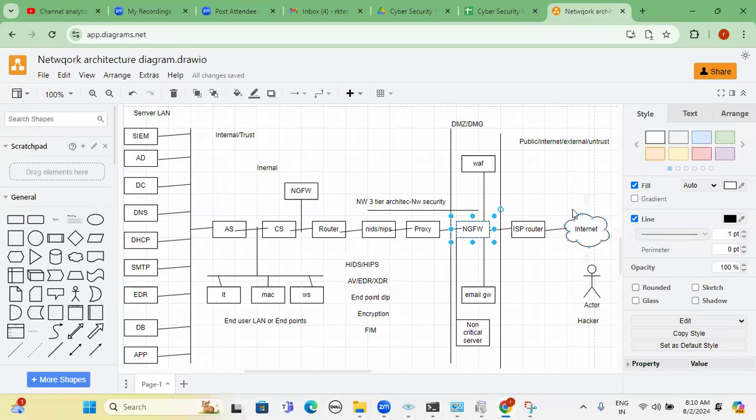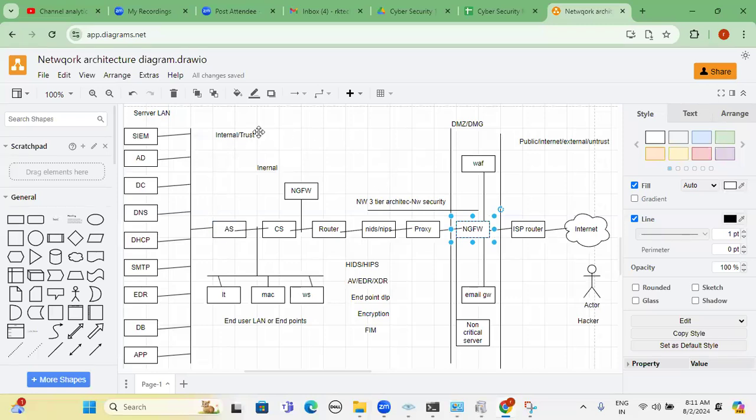Now, from the thief or robber's point of view, what score can you give for the trust zone? Any idea, out of 100? I'm repeating once again. Consider this entire architecture diagram as your house.